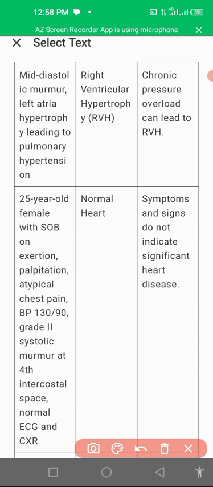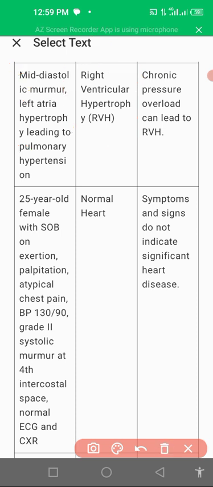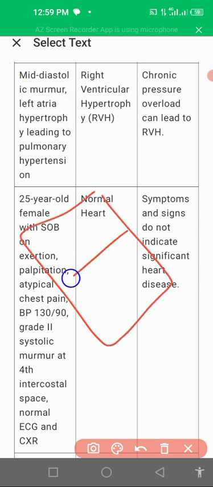Now the other scenario is mid-diastolic murmur, left atrium hypertrophied, pulmonary hypertension, and a clinical triad of right ventricular hypertrophy. So right ventricular hypertrophy will also be there, and because of it there is chronic pressure overload in the right ventricle. When there is left ventricular hypertrophy, that is because of aortic regurgitation.